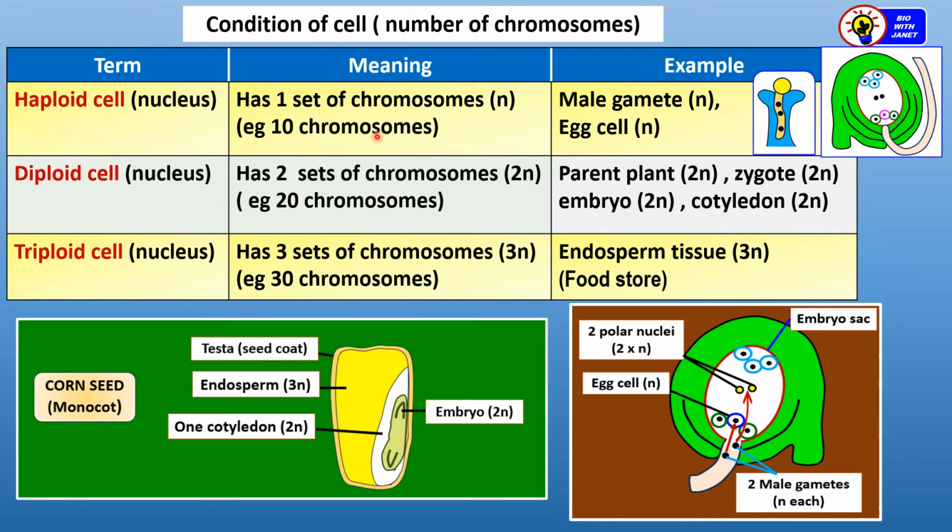One N or N. For example, a plant species may have 10 chromosomes in the haploid cell. Examples of haploid cells are the gametes, namely the male gametes and the female gamete, which is the egg cell. So each male gamete is haploid, each female gamete is haploid.